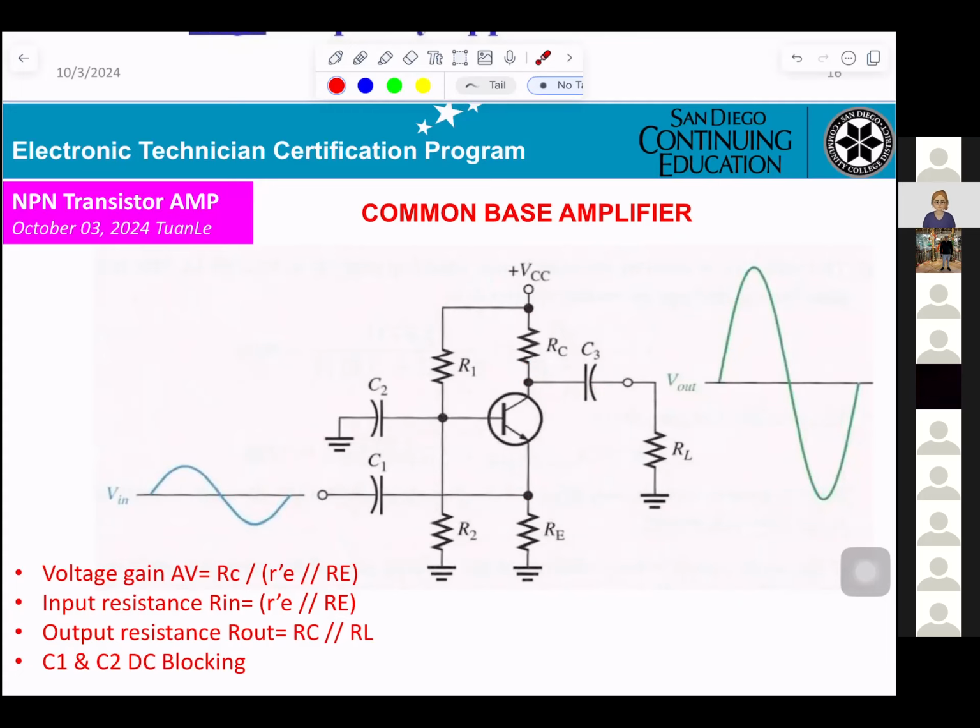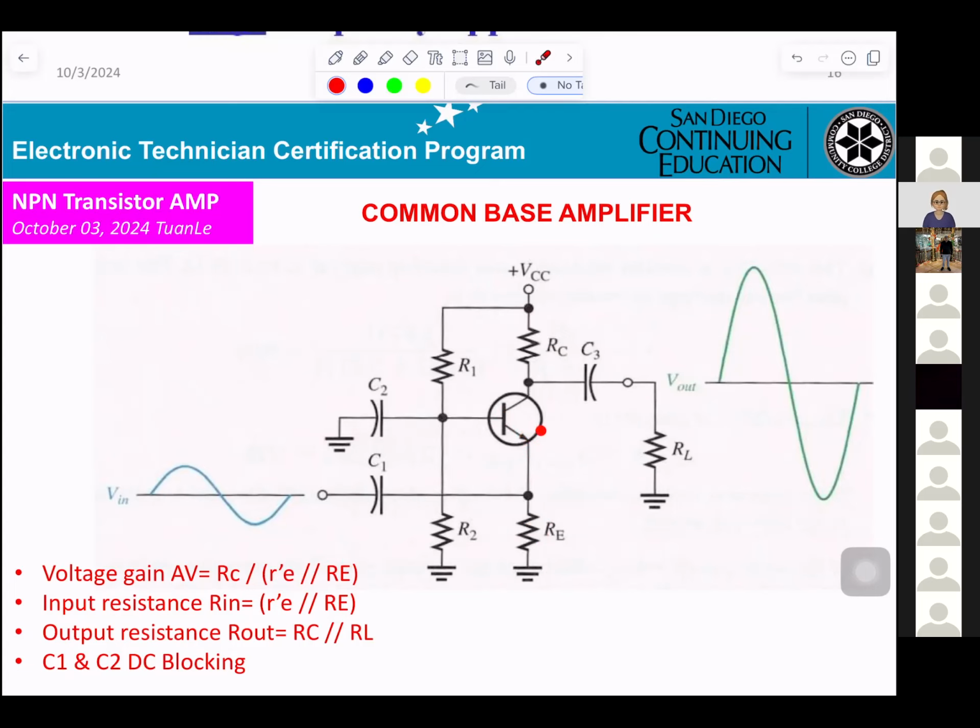Okay? And they are already given to you. If you want to calculate the gain of the amplifier, it will be equal to RC, RC right here, divided by R prime E parallel with RE. You know R prime E. What does R prime E mean? It is the resistor from the base to the emitter.